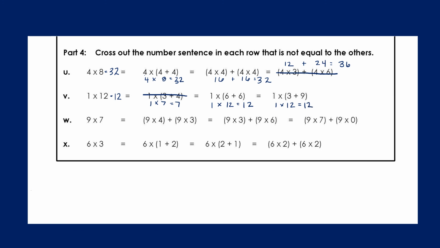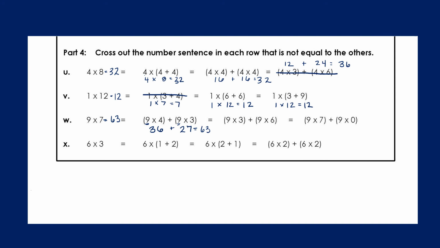so that's okay. All right, 9 times 7 equals 63. And this is actually the distributive property because they factored out the 9. So 9 times 4 is 36, plus 9 times 3 is 27. And if you add those numbers together, you're going to get 63.